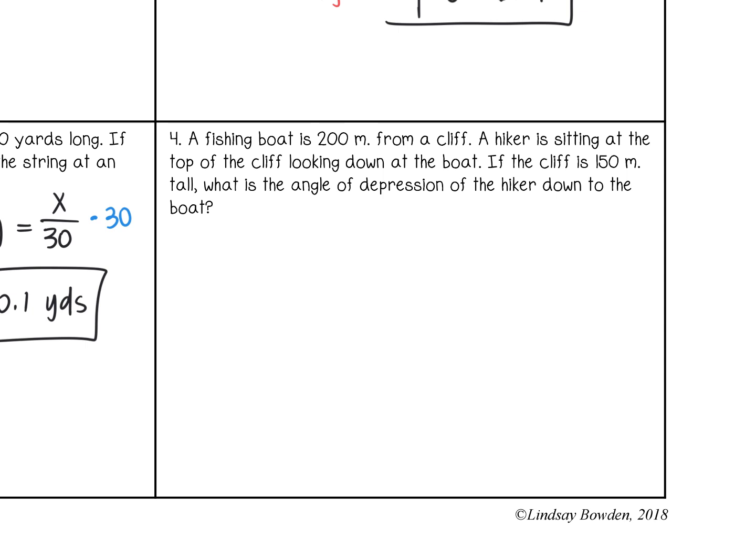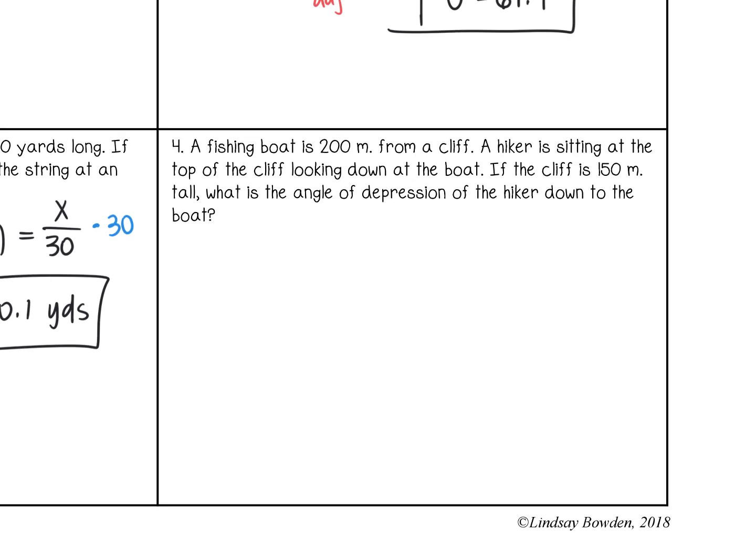In our last example, we have that a fishing boat is 200 meters from a cliff. A hiker is sitting at the top of the cliff and looking down at the boat. If the cliff is 150 meters tall, what is the angle of depression of the hiker down to the boat? So we have our cliff with our hiker sitting at the top.